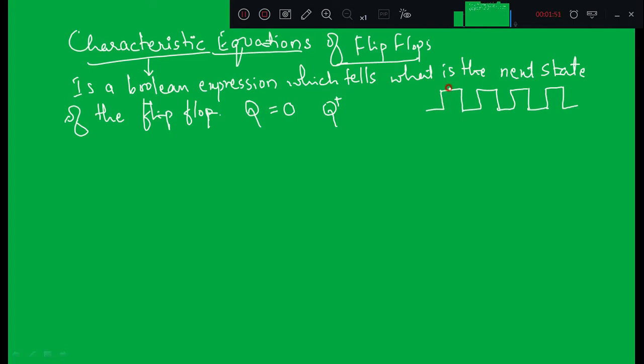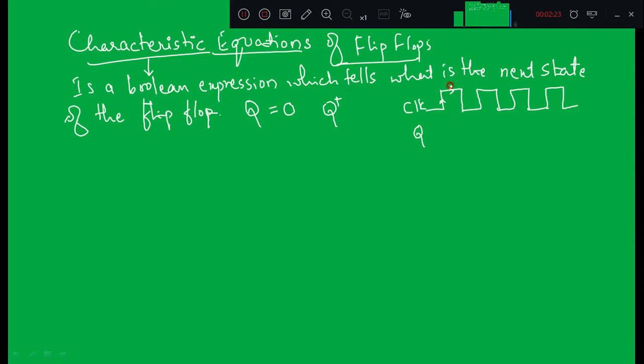If you take an example of either a level triggered or an edge triggered flip-flop, whenever the clock changes from 0 to 1, it gives a positive edge, and when the clock is equal to 1, it gives a level triggered, which is equal to 1. When we apply this, what is the state of the flip-flop, that is, what is the value of Q?